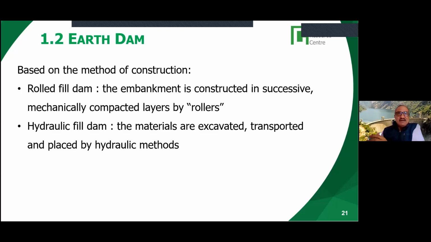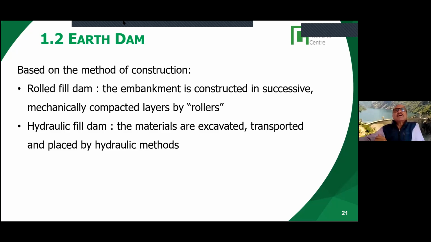And basically, earth dams are of two types. One is what is known as the rolled fill dam, which is basically where the earth material is laid over successive layers using rollers to compact them.